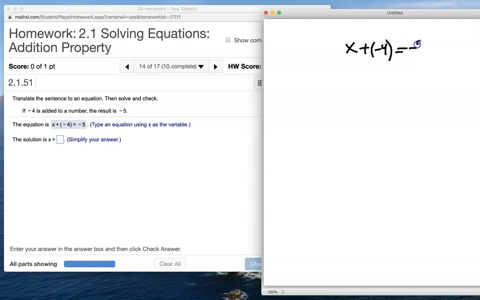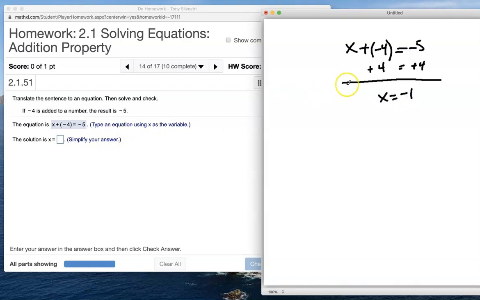So you have to ask yourself, there's a couple ways you could approach this. I'm adding a -4. I don't want that -4 there, so I should probably add another 4 to this side, because -4 plus 4 is 0. And whatever you do on one side, you do on the other. You'll get X equals -1.